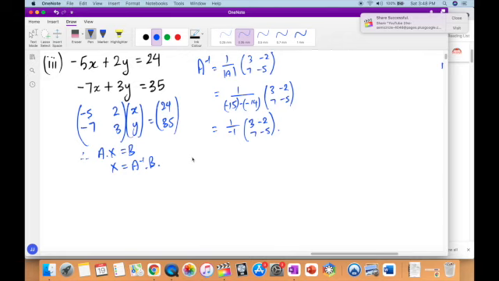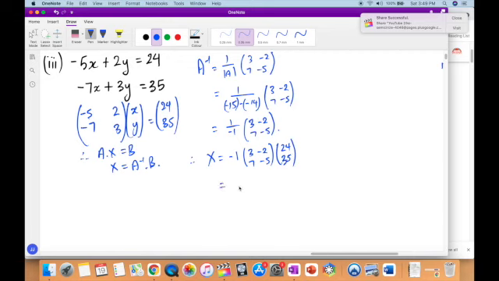So now x is equal to A inverse, which is negative 1, which is the determinant, 3, negative 2, 7, negative 5. And in this case, you could multiply the determinant one time, if you wanted to. But I'll just leave it outside for the sake of procedure. This is 35 over here.